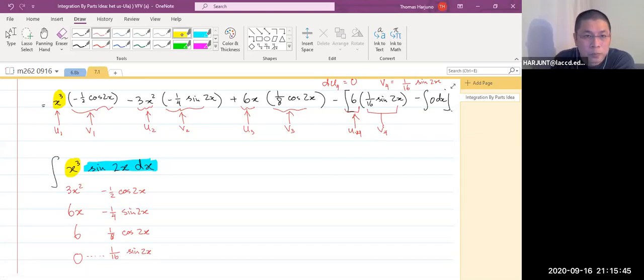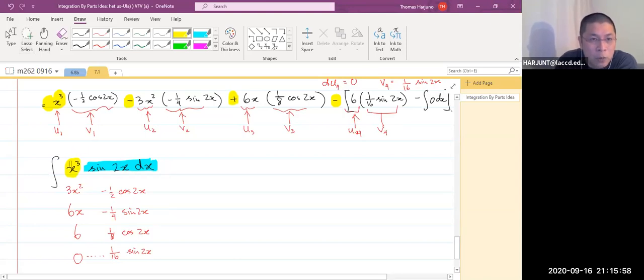Then notice that the sign is actually alternating. Plus, minus, right? Okay, so you will see that the first product is actually this product here in the positive sense. The second product is the negative of this.